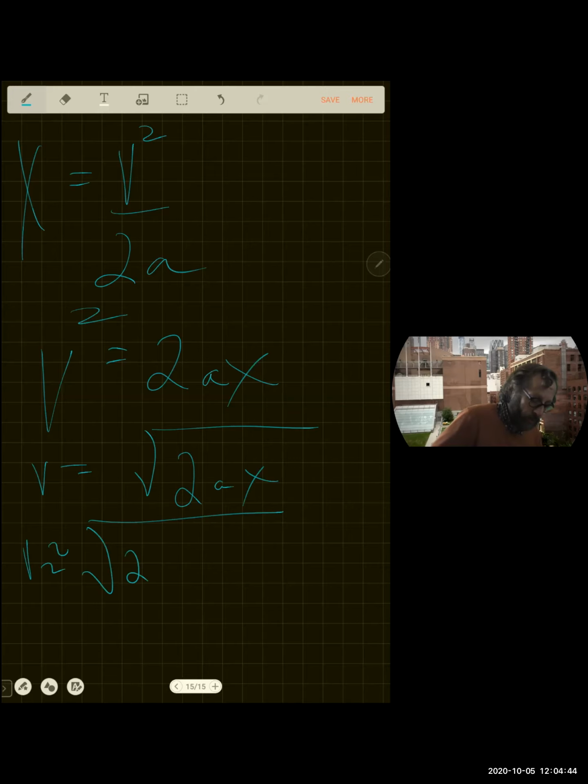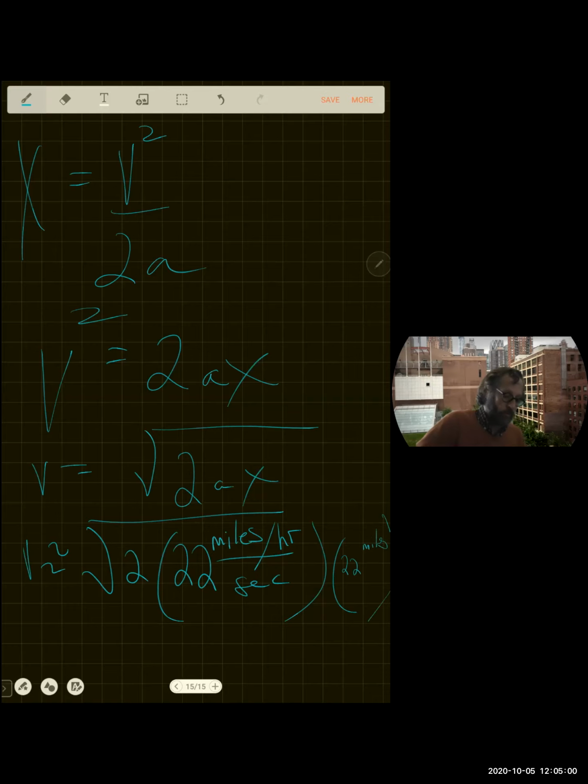2 is the number 2. A is 22 miles per hour per second, and X is 22 miles. So right there, we're just about to end.